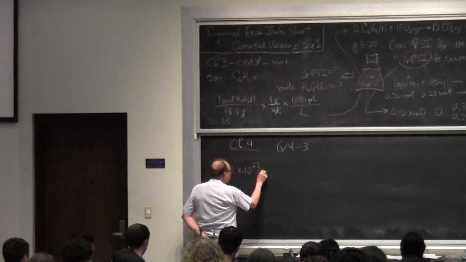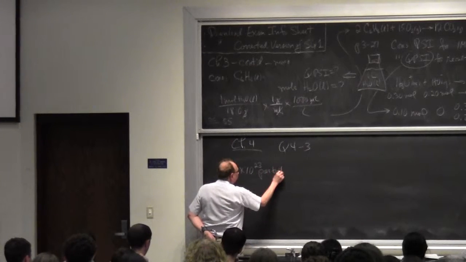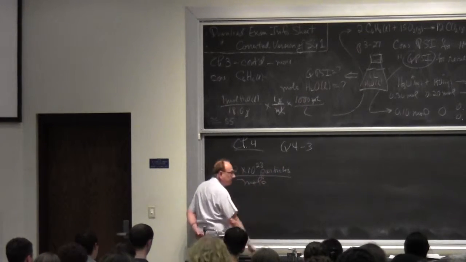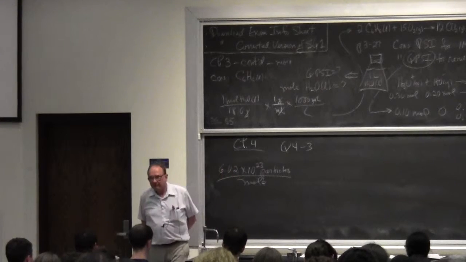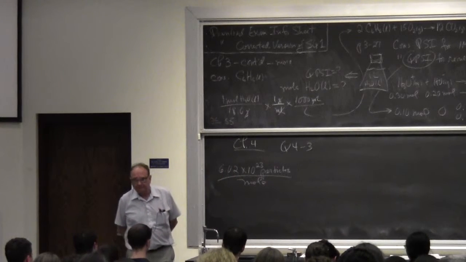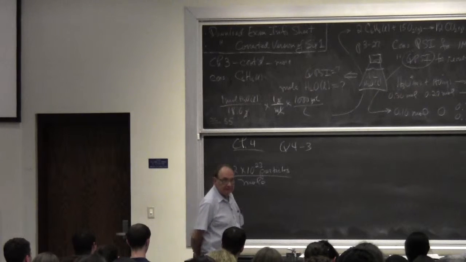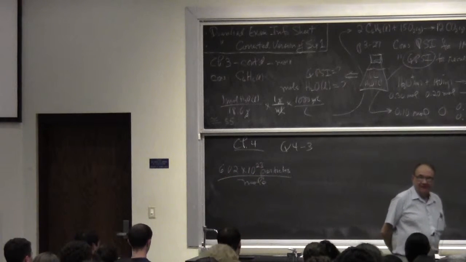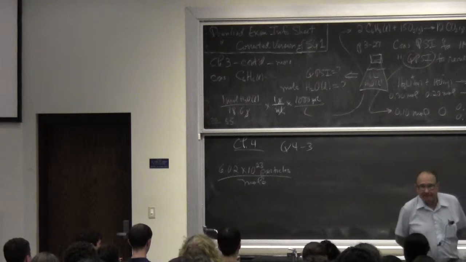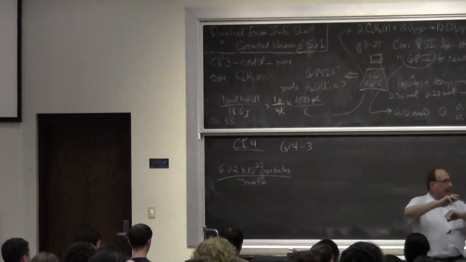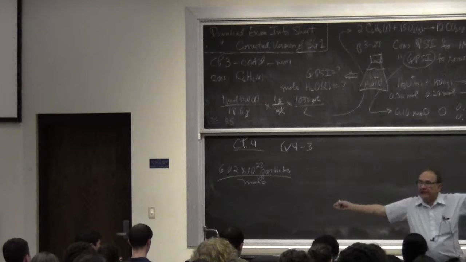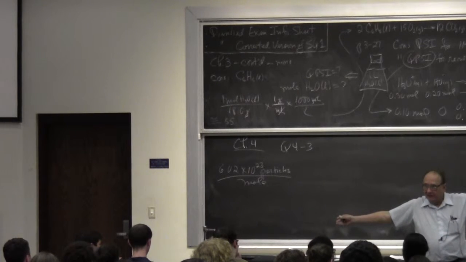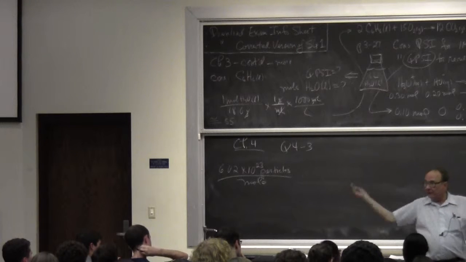Now I'm going to write particles per mole. Fun question. Is this a big number? Yes. It has been calculated that if I had an unlimited fleet of flying boxcars, you know what flying boxcars are? These planes that can carry a whole lot of cargo.